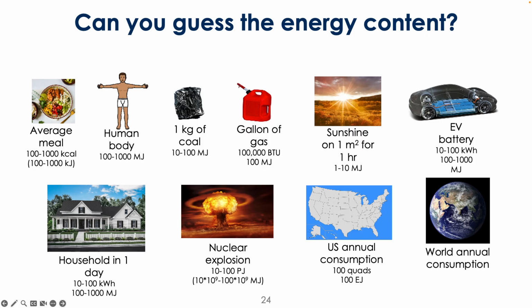U.S. annual consumption is about 100 exajoules or 100 quads. As I was mentioning, those are the units we use for economy scales if you don't want to use joules for some reason. Okay, and given that, what do you think the world annual consumption would be?